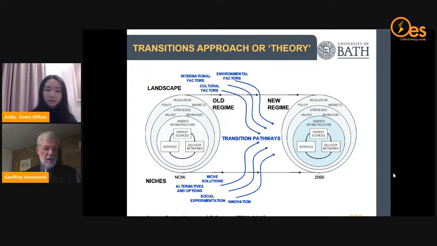And then you have a number of technological niches. So what are the technological opportunities that would allow us to move from an energy system that produces a lot of carbon dioxide to one that's approaching net zero in 2050 or thereabouts? I should say that it is claimed by the Dutch researchers that this approach has been used by some of their government departments. So it has a sort of pedigree. Next slide, please.